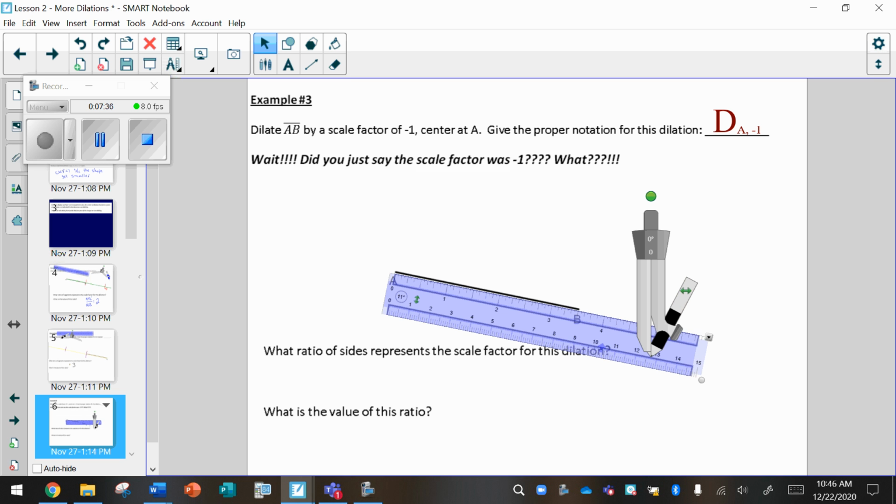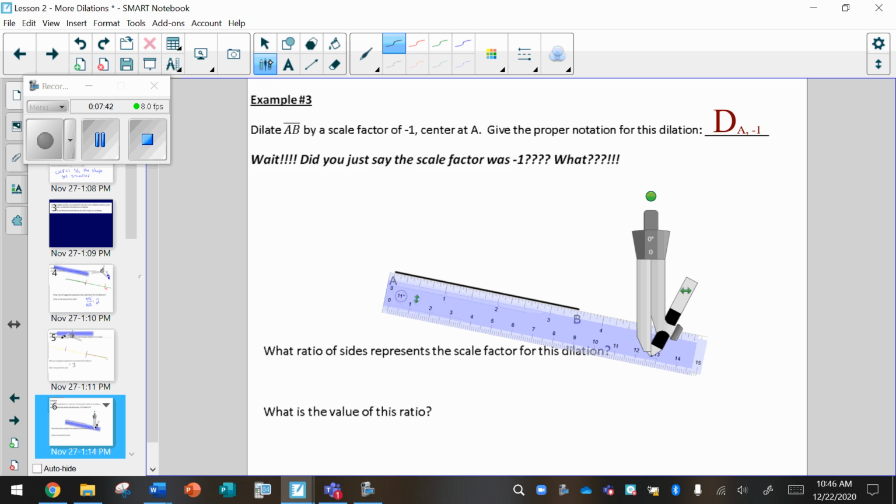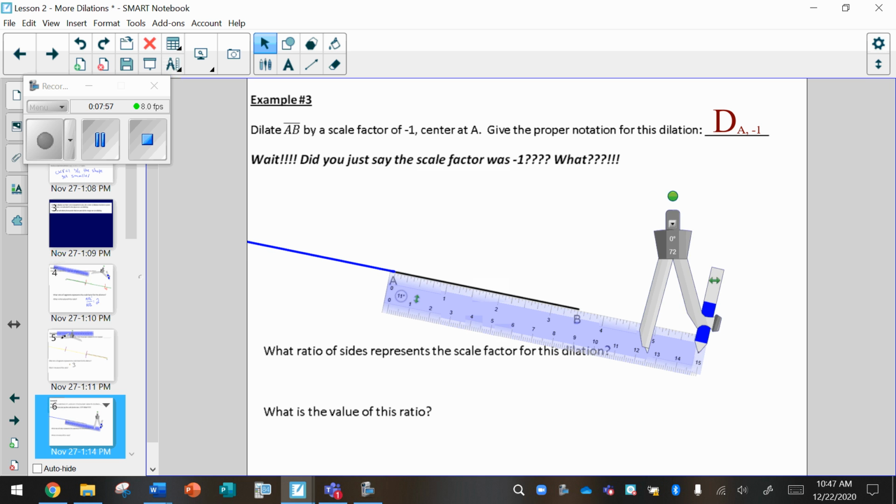I line up A to B, but because the scale factor is negative, my image will end up in the opposite direction as the original point. So that means I need to take my straight edge and extend AB in the opposite direction.